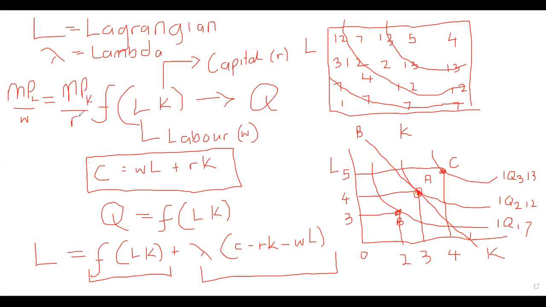So this is a summary of the Lagrangian function. We call this the optimal bundle.